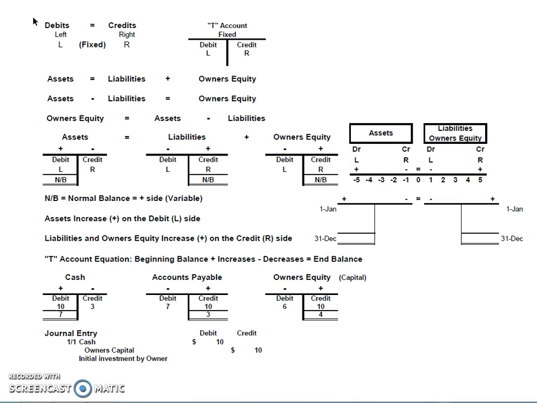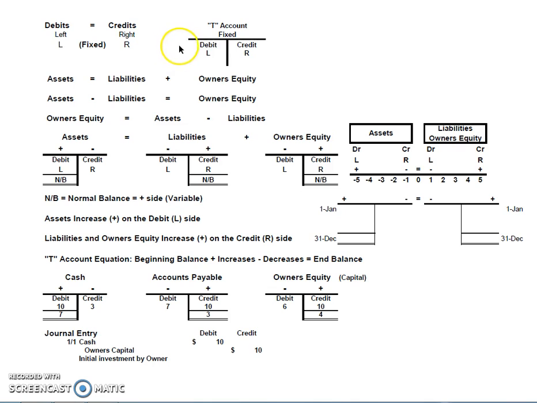And some formulas and terms we're going to be using are debits and credits. Debits equal credits. It's a balance. We use the equal sign quite a bit. It is fixed. Debit simply means left, credit means right.